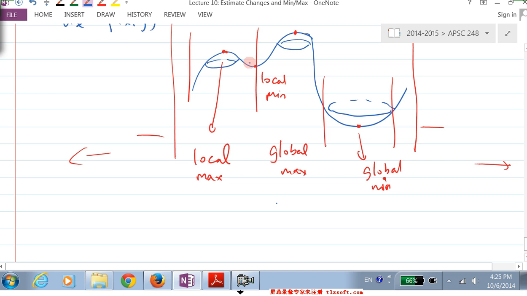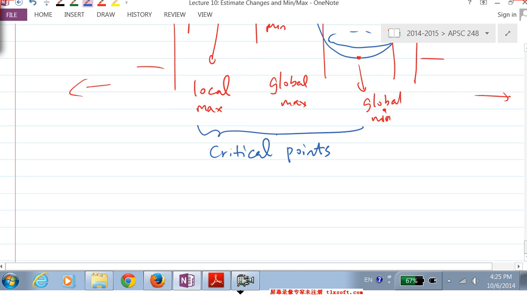So those locations have this in common, and we call them critical locations or critical points. Why critical points? Because the gradient vector at those locations is going to be 0. There's another word called stationary point.